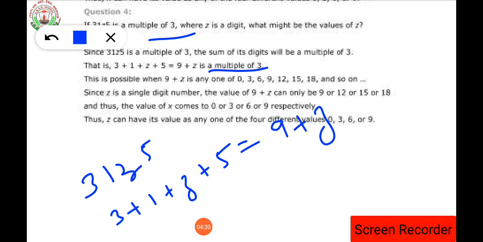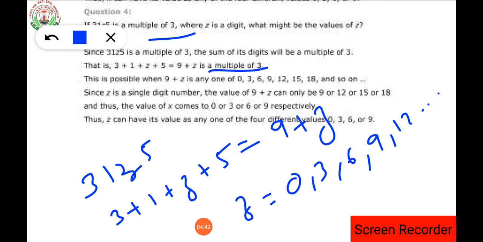If 9 plus z is a multiple of 3, the value of z will be 0, 3, 6, 9, 12 and so on.